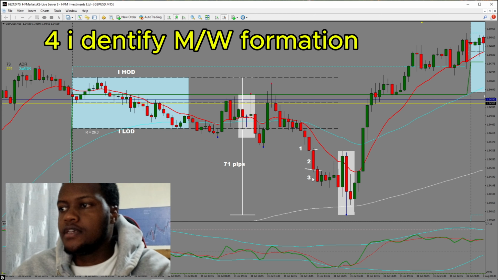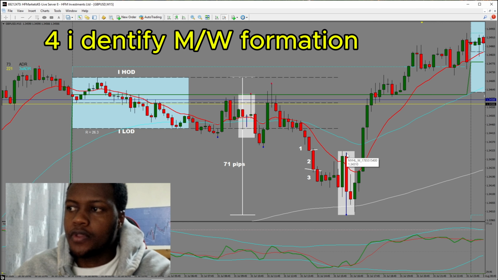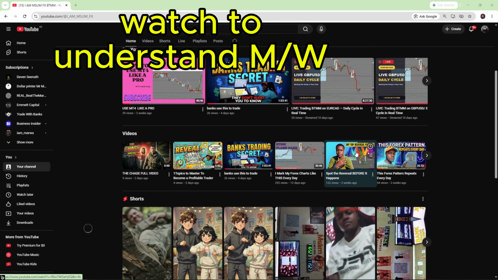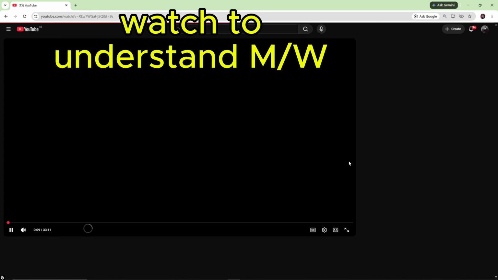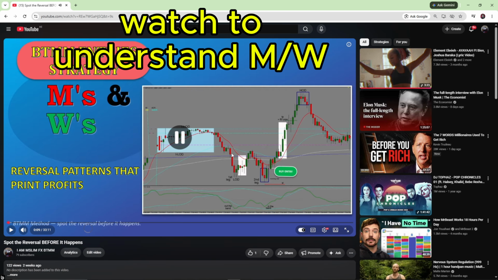For W to form, it has to be below the 13 EMA, go above the 13 EMA, back below the 13 EMA, and give us a namable candle pattern on the second leg, and then close above the 13 EMA. So let's look for that.